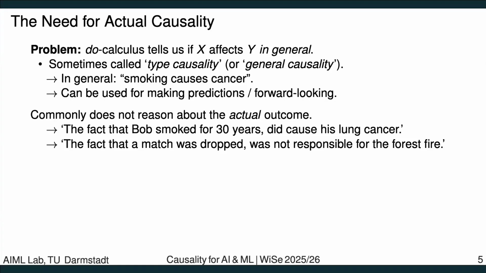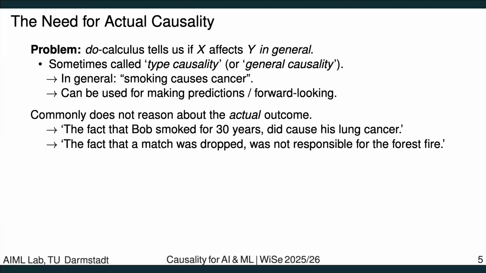But the fact that Bob smoked for 30 years did cause his lung cancer, this then requires this special counterfactual algorithm if we want to do it in standard causal models. And if we want to do that, then again, we still make assumptions over some hidden latent variables that we might not have observed, and so on.